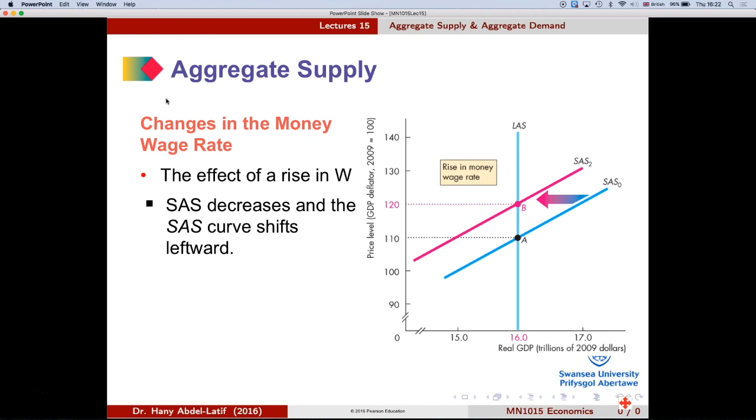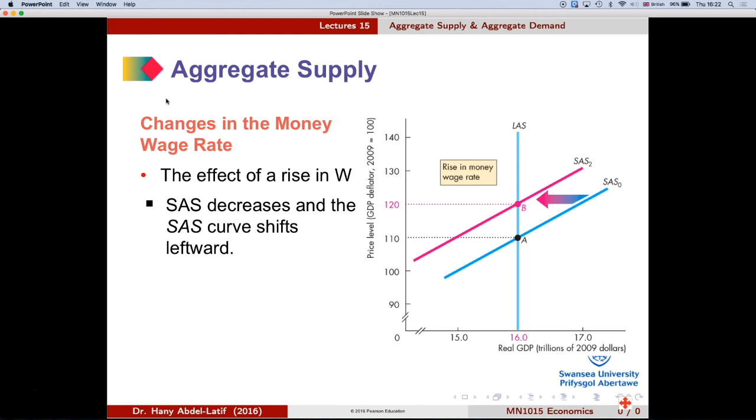Just think of this the same way we did it with microeconomics. In microeconomics, we would think of wage as a cost for the firm. That's why it will shift the supply curve to the left, which means if wages increase, firms will supply less because it's going to be more costly to them.